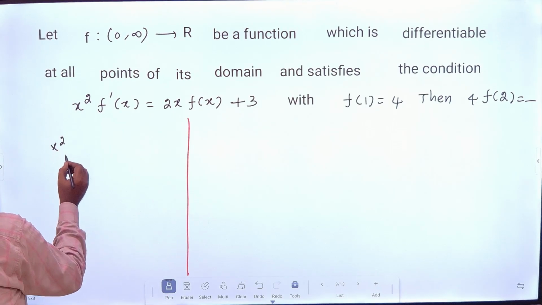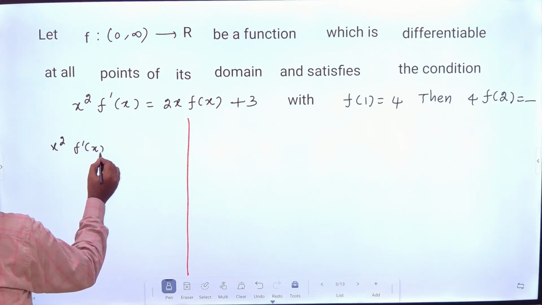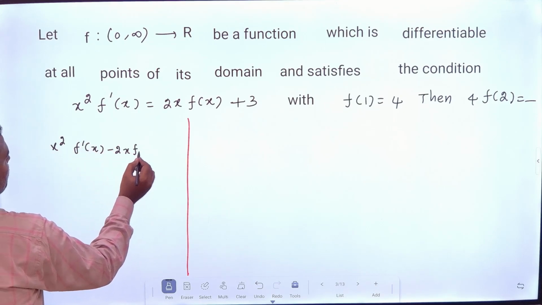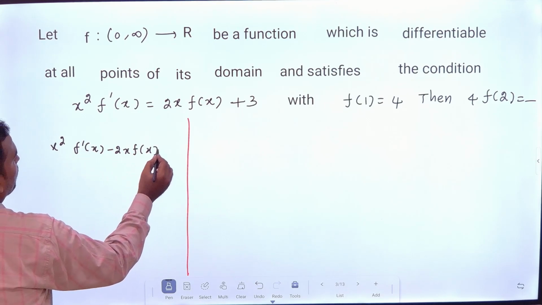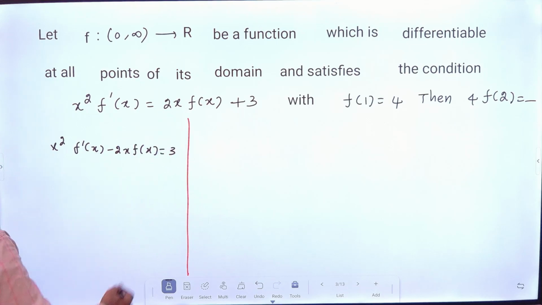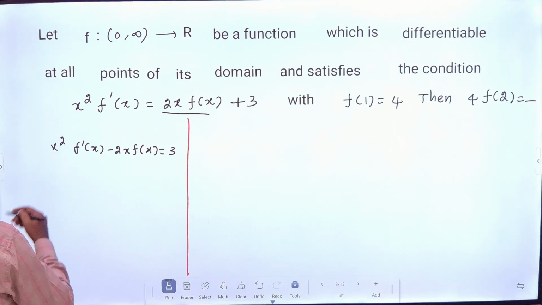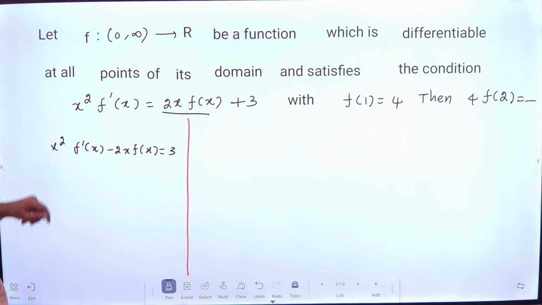f of x first. f dash of x minus 2 times x into f of x equal to 3. I am just sending this function to the left side. Now you can see what we can do. I can use the quotient rule of differentiation.